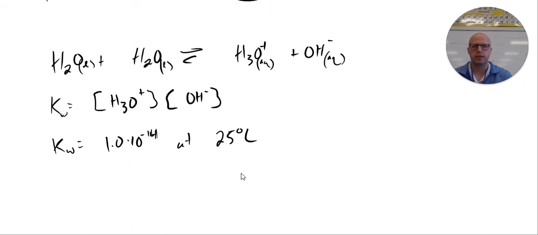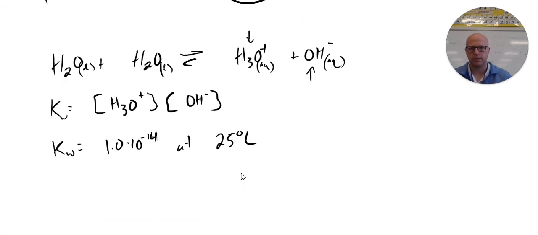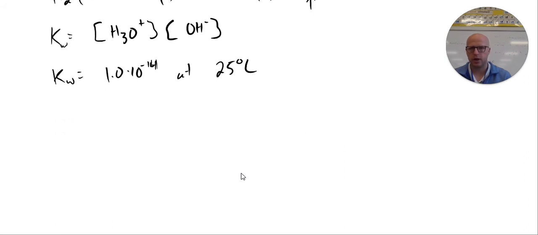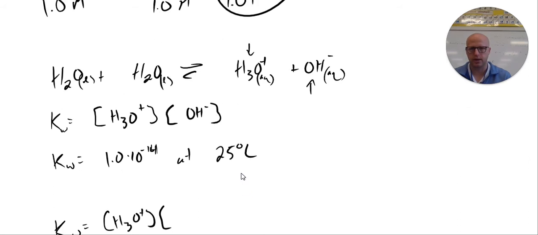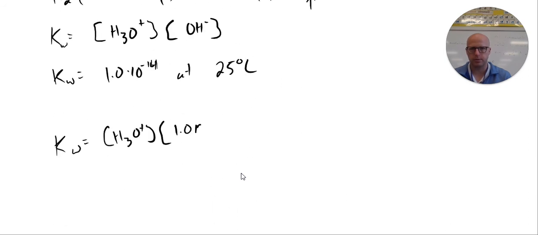The other thing this allows us to see is, what happens if I increase the concentration of this? The system is going to shift back that way, decreasing the concentration of this. From this mathematical equation, we know the concentrations of these two things are tied together. So if I know my OH- ion concentration, I can plug in and solve for my H3O+ ion concentration. Kw is equal to the concentration of H3O+ times, in this case, our OH- concentration of 1 molar.